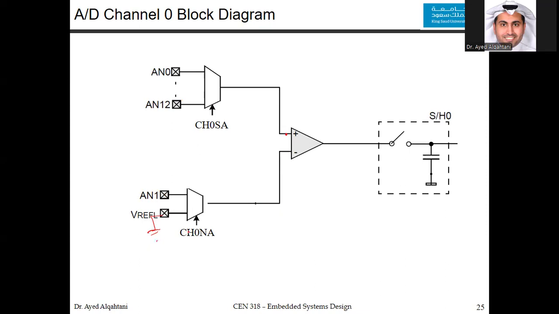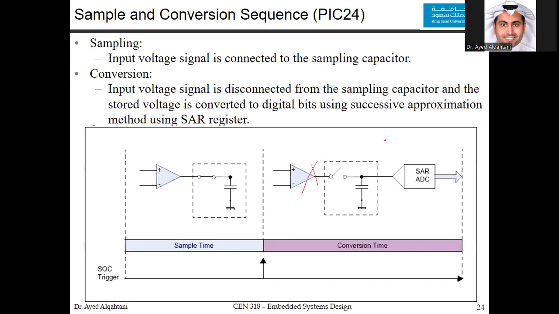And here you have the channel 0 negative value selector that selects between these values, and you can connect it to the negative. Now you work out the comparator in the same way that we described here. You have this comparator connected to a capacitor and then to the successive approximation ADC.